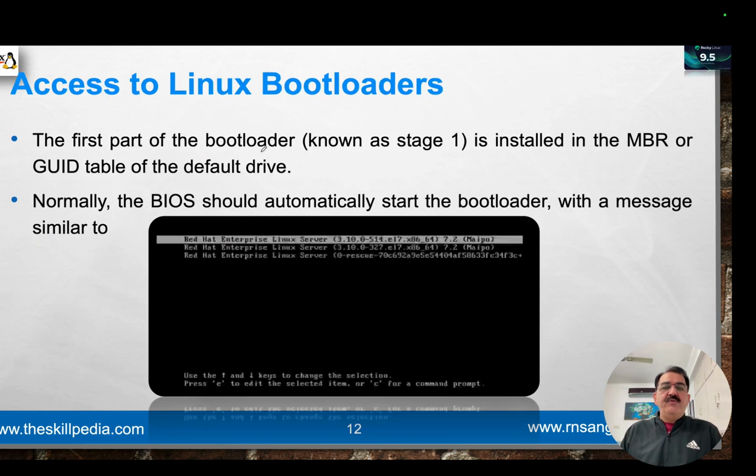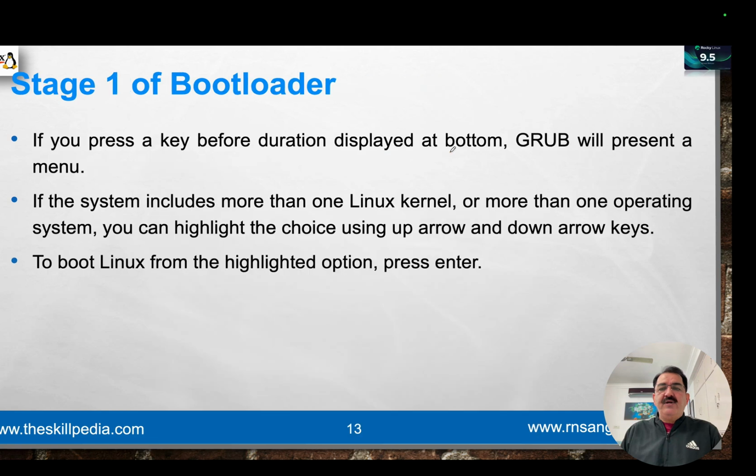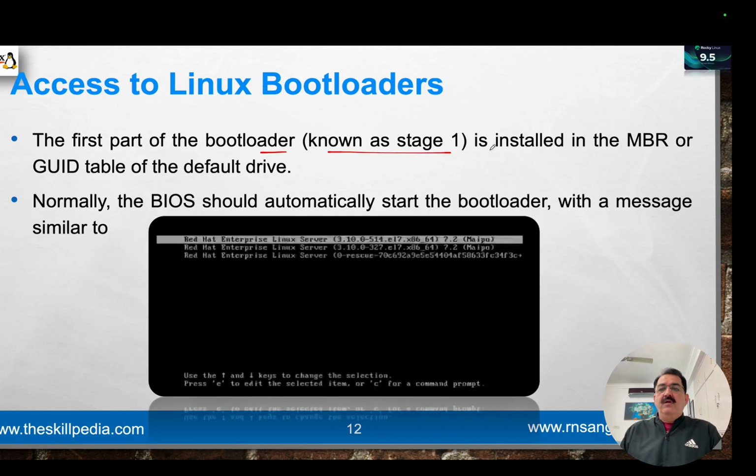The first part of the bootloader, called stage 1, is installed in the master boot record or the GUID table of the default drive. Normally, the BIOS should automatically start the bootloader with a message similar to this. You will see different kernels listed in order.